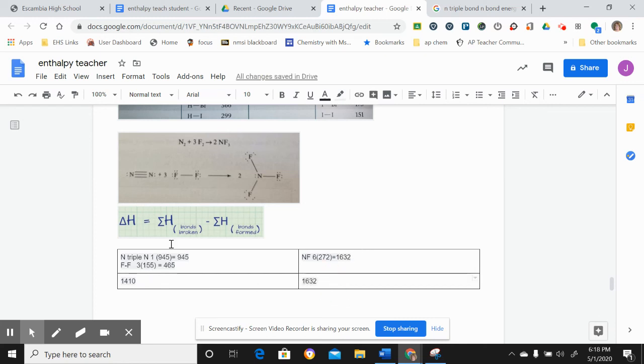Now, because I take bonds broken minus bonds formed, 1410 minus 1632 gives me a negative 222 kilojoules per mole. Therefore, it is an exothermic reaction because the delta H is negative.